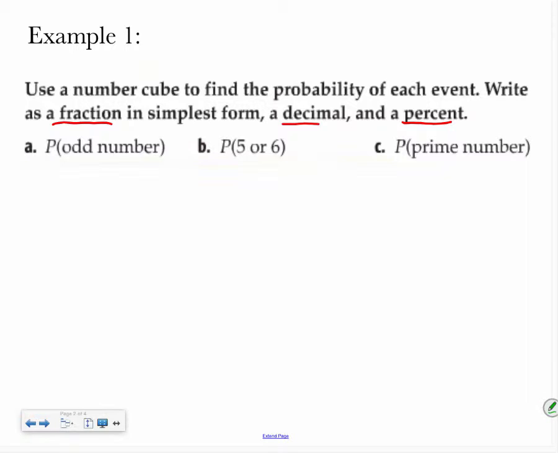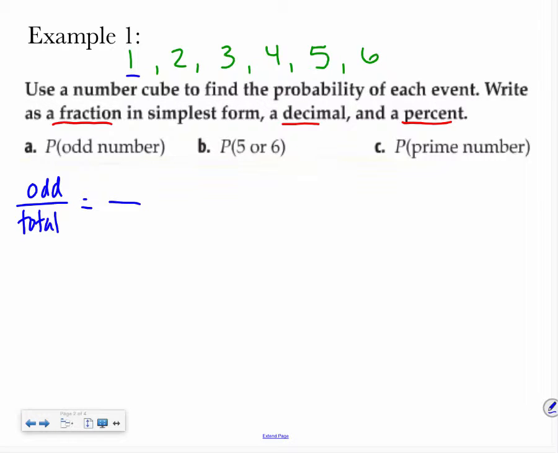Okay, so what's the probability of an odd number? Well, let's think about it. If we have a dice, we can roll a 1, a 2, a 3, a 4, a 5, or a 6. So if we want odd numbers over the total possible, how many odd numbers are there?